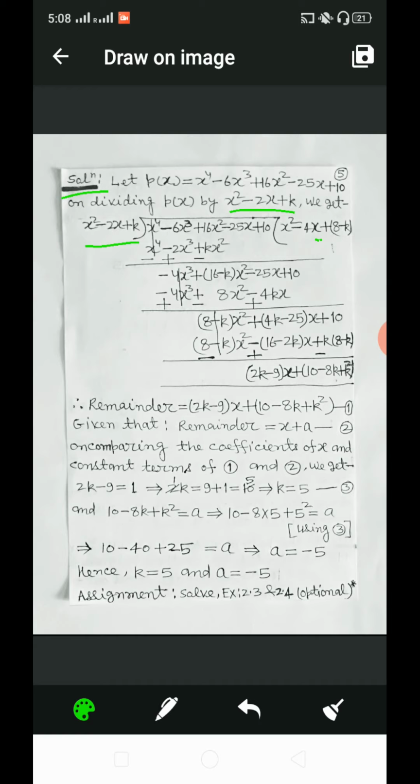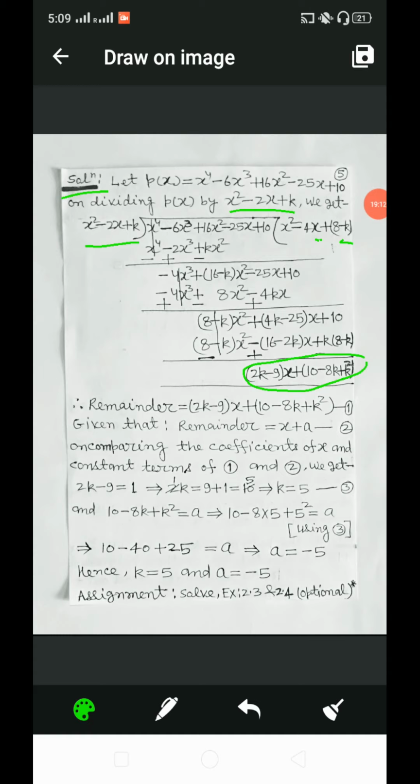Here the first term is (8 minus k) into x square, so we take the quotient as 8 minus k, and it is multiplied by x square minus 2x plus k. We get (8 minus k) x square minus (16 minus 2k) x plus k into (8 minus k), and changing the sign of these terms and solving, we get (2k minus 9) into x plus 10 minus 8k plus k square.